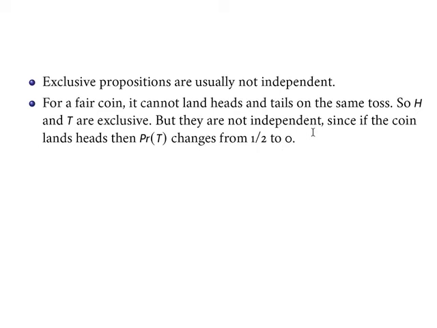So the truth of the coin landing heads does influence the probability of it landing tails. It brings the probability down from 1/2 to 0. So here we have two propositions which are mutually exclusive, which cannot be true together. And precisely for that reason, because the two propositions are mutually exclusive, they are not independent. The truth of one makes the other completely unlikely.